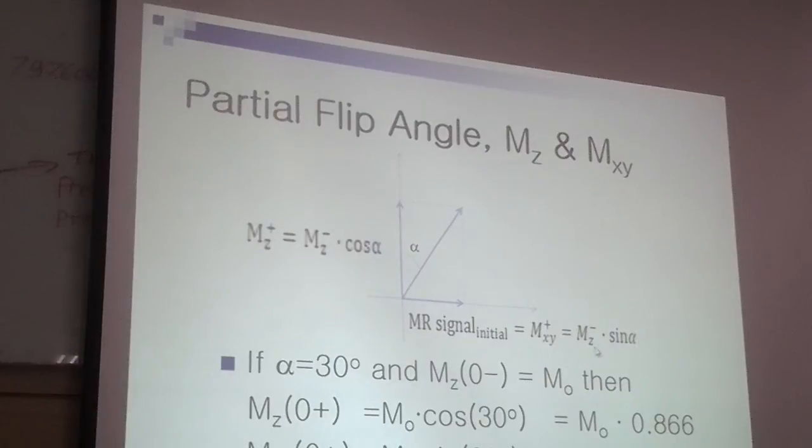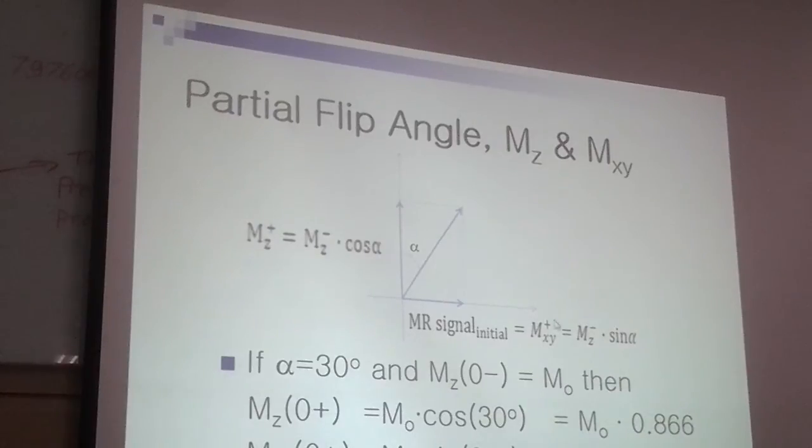Here the superscript minus means the longitudinal magnetization just before the RF pulse, and plus means just after the RF pulse. The transverse component just before the RF pulse is 0.